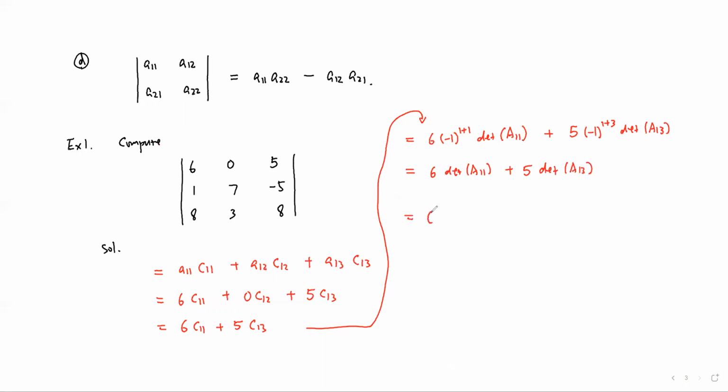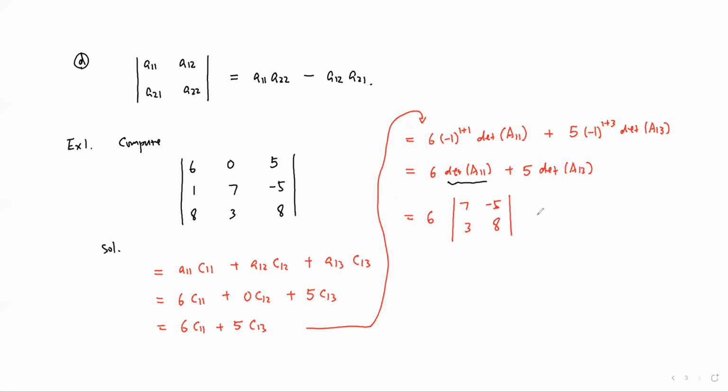Okay, now next, let me determine this determinant. A11 is the matrix obtained from the original matrix by deleting row 1, column 1. So delete row 1, column 1, then only this part remains, right? So this is the determinant of 7, -5, 3, 8.